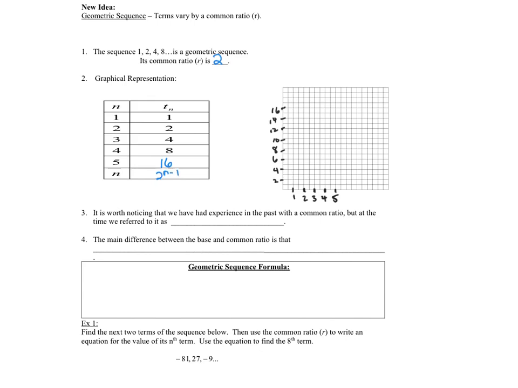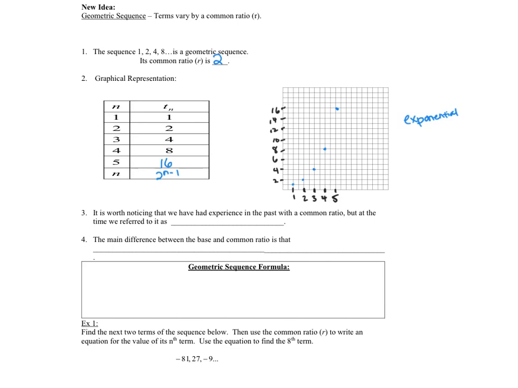If we go ahead and graph these, all right, there we go. We can see that we have an increasing function that appears to be exponential. But there is a difference between geometric sequences and exponential functions.